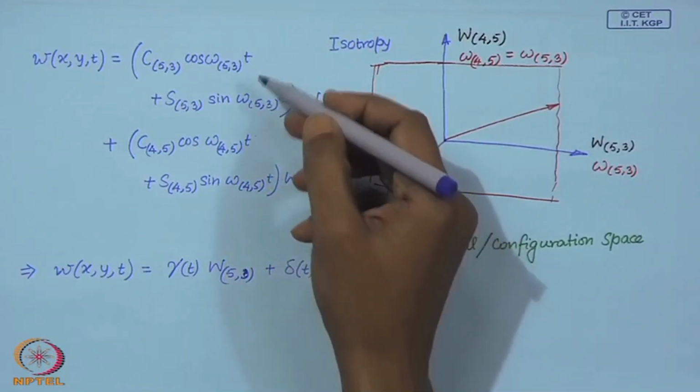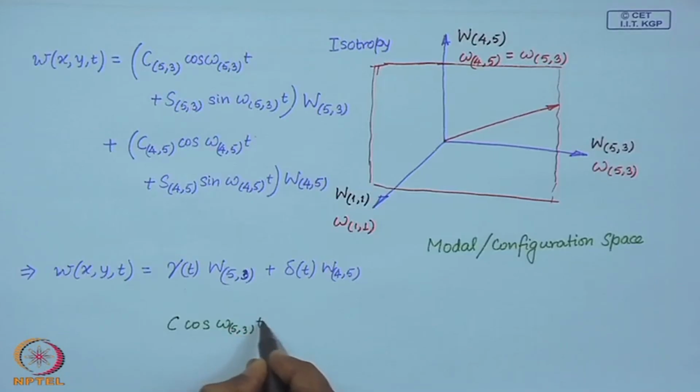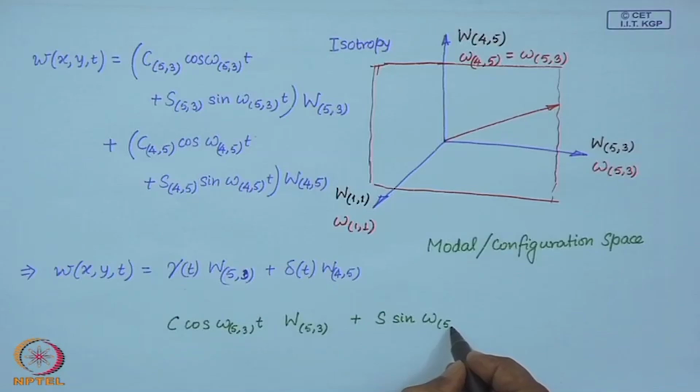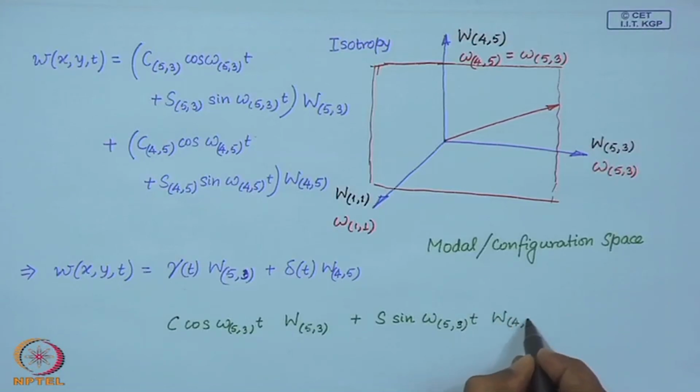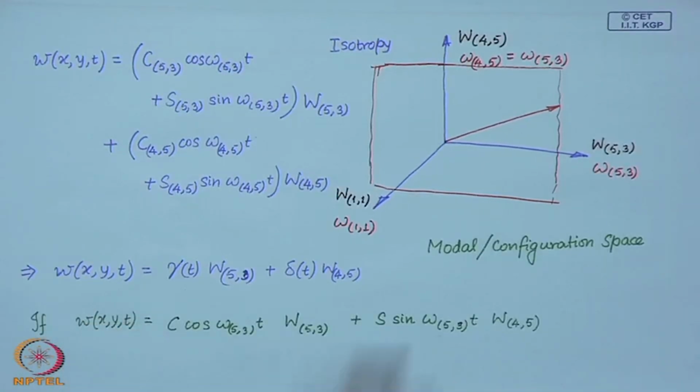So, for example, if you excite this in a certain manner, since 4 5 is same as 5 3, suppose the excitation initial conditions have been set such that this is the solution, let us say.